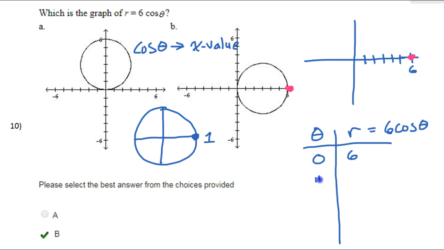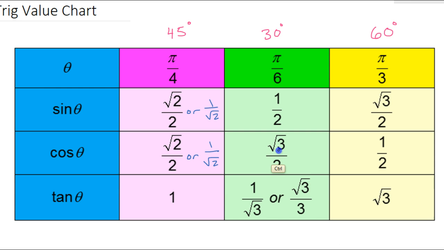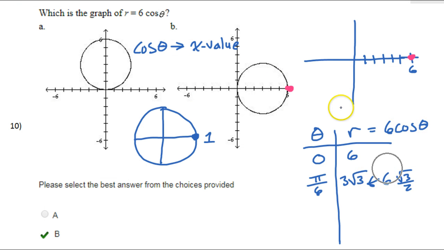My next value is going to be pi over 6, which is 30 degrees. Now my r value is going to be 6 times radical 3 over 2, so that's going to be 3 radical 3. I just took my radical 3 over 2 and multiplied it by 6 like the formula says.